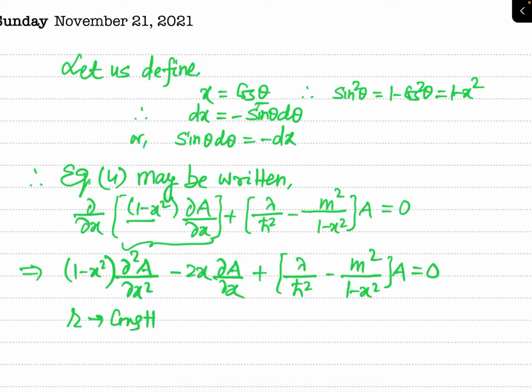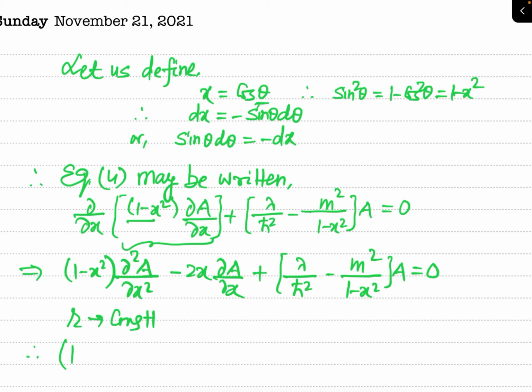So since a is just a function of only one variable, that is theta, instead of this partial derivative you can write the ordinary differentiation, and you can treat a as only a function of x.